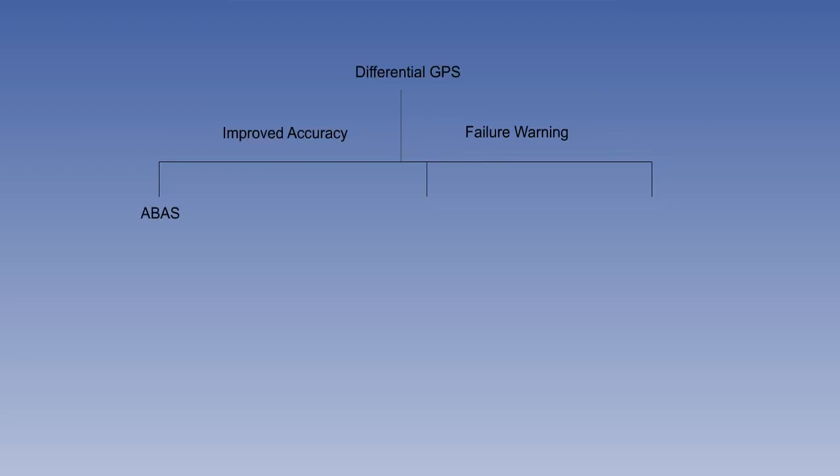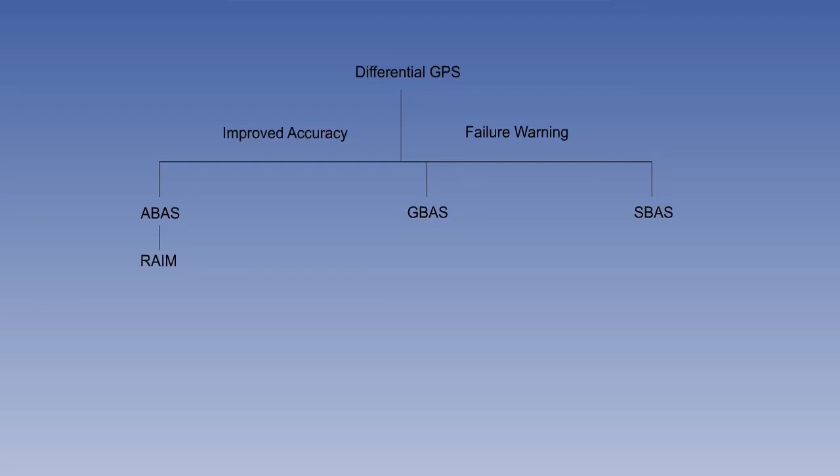There are 3 types of DGPS in use or under development: air-based augmentation systems, ABAS, ground-based augmentation systems, GBAS, and satellite-based augmentation systems, SBAS. The air-based augmentation system is called Receiver Autonomous Integrity Monitoring, or RAIM.